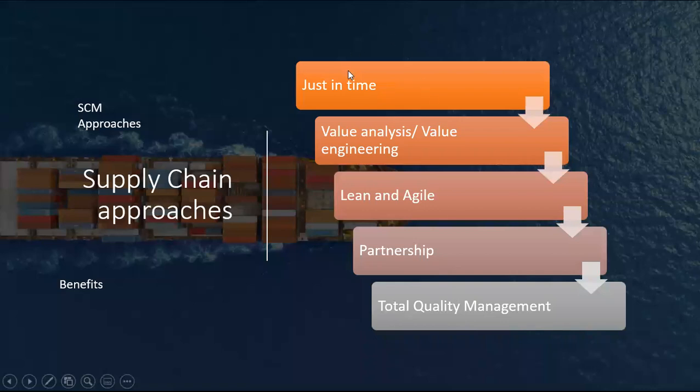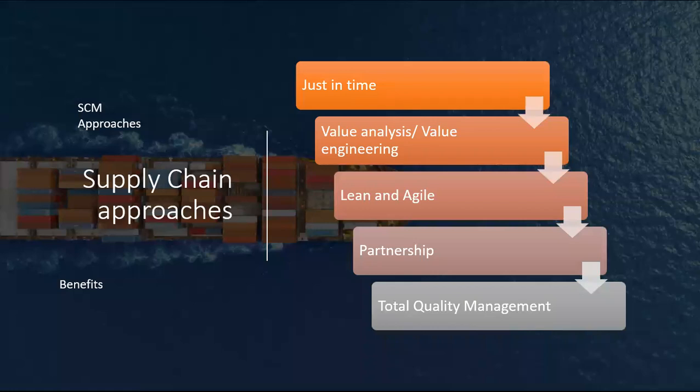All of them are supply chain management approaches, and each of them will have different benefits to procurement. For example, just in time will help you to minimize the inventory or the stock.